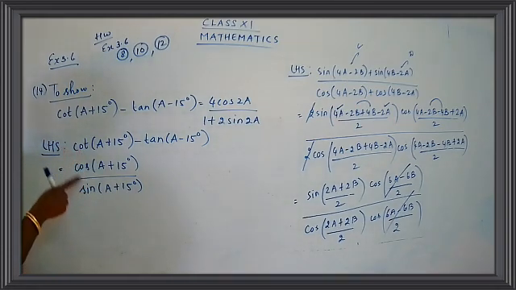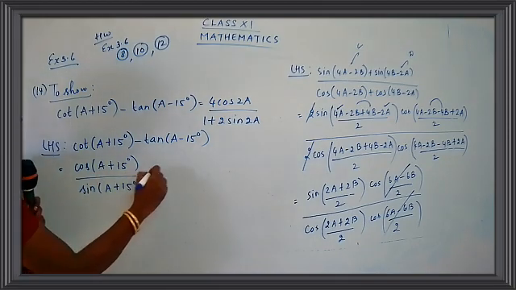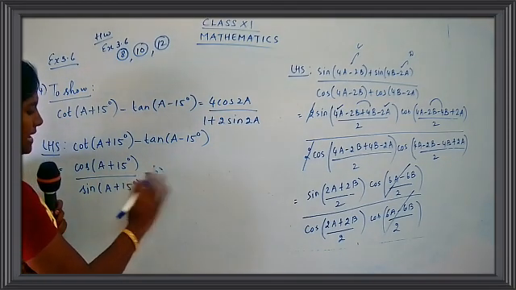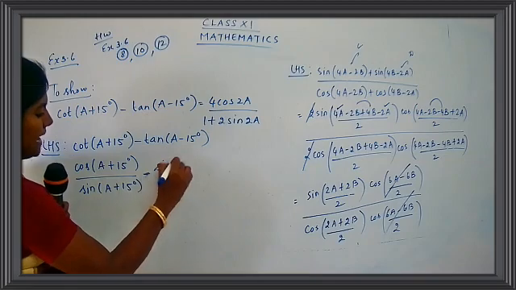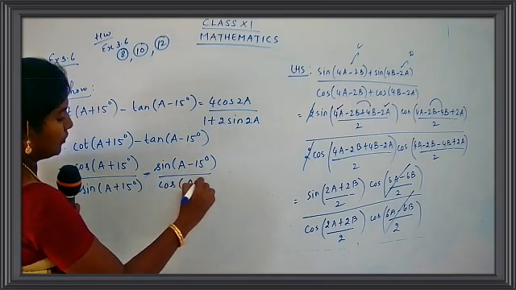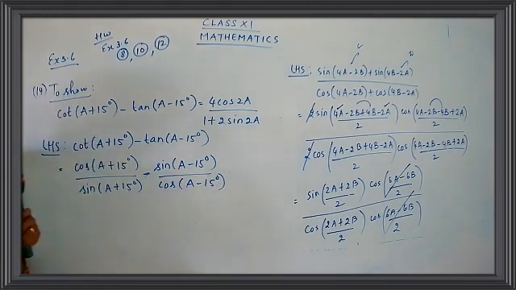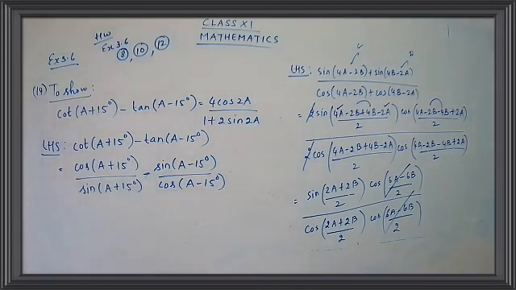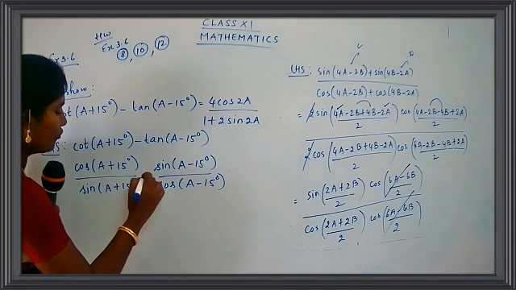So you just write cos upon sine, and here it will be sin(A minus 15) upon cos(A minus 15). Are you clear with the first step, children? We have changed tan as sine by cos, and we have changed cot as cos by sine. Okay, so are you clear with this? So now let us go for the next step.